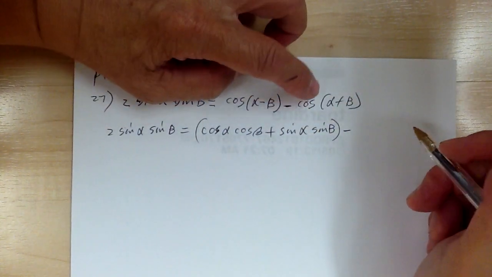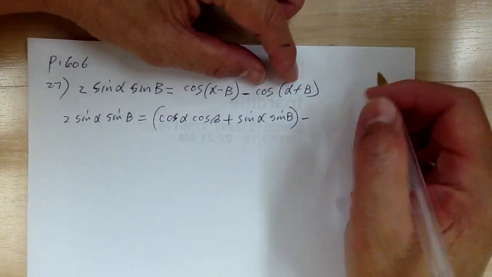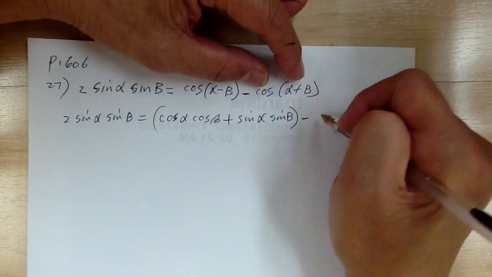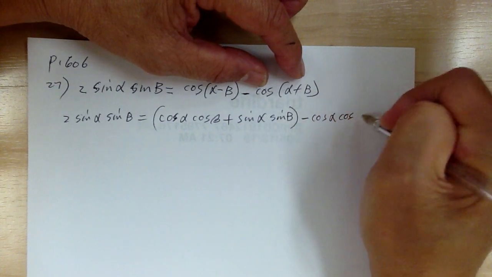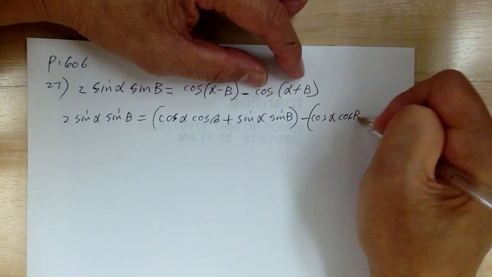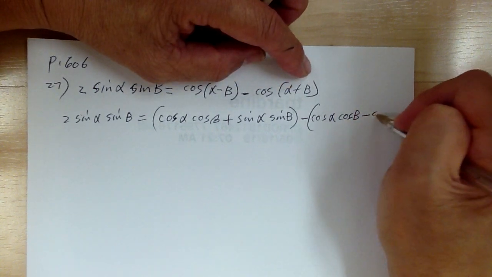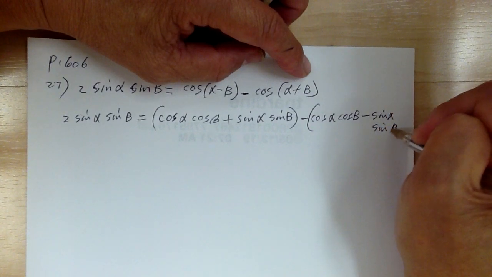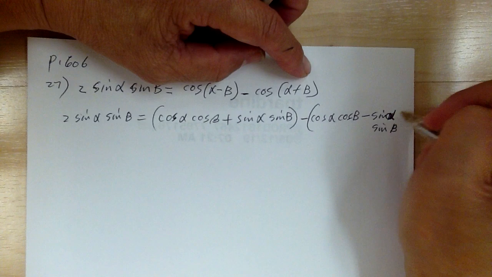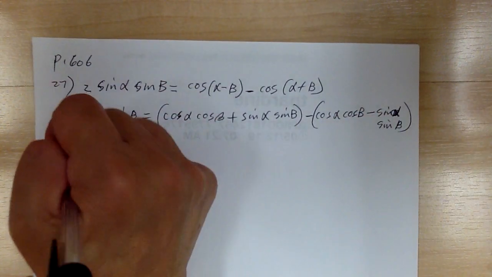So cosine alpha plus beta, you're going to get cosine alpha cosine beta. Now this plus will become minus, and then it will give you sine alpha sine beta. Now I'm going to get rid of parentheses by changing the sign.